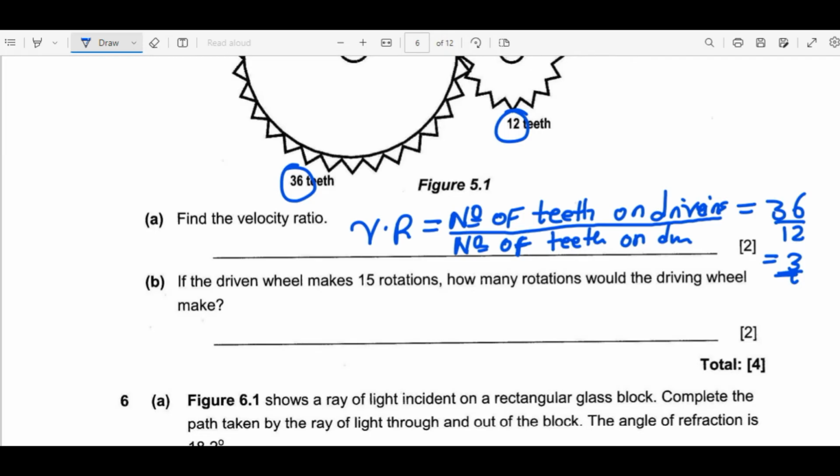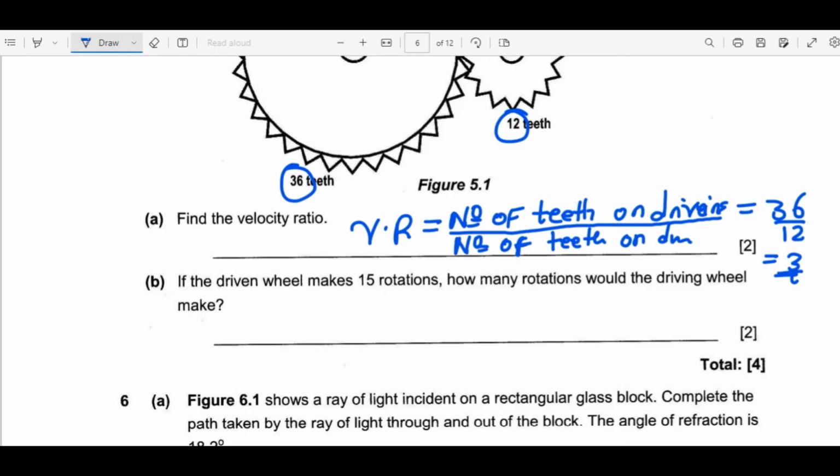How many times do you think the driving wheel could rotate? Is it going to rotate the same 15, or lower than 15, or greater than 15? What do you think?